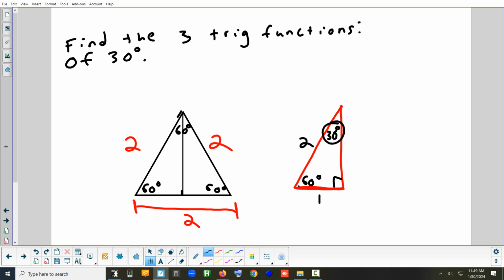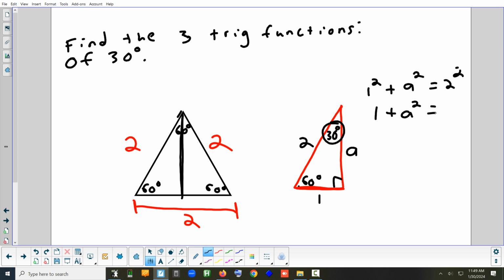The problem is this side. How are we going to get that? Pythagorean theorem. Yep. Let's call that side A. So we have 1 squared plus a squared equals 2 squared. What's 1 squared? 1.